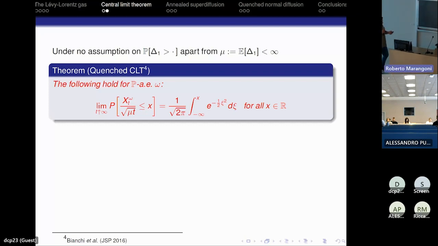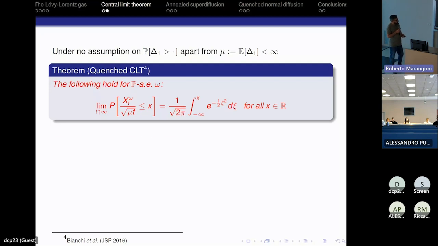Basically, if you scale the displacement of the particle with the square root of time, and you send t to infinity, you get for almost all arrangements of obstacles convergence in distribution to a Gaussian random variable. Okay, this is the statement of a central limit theorem. The important part here is that the size of typical fluctuation up to time t is the square root of t.